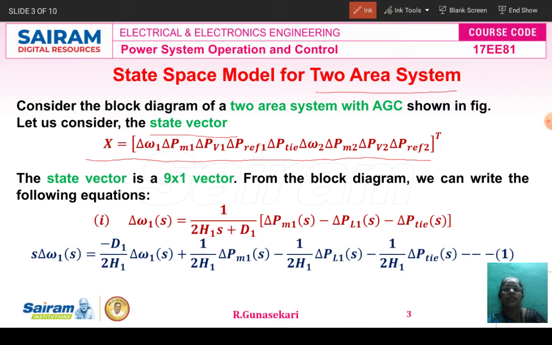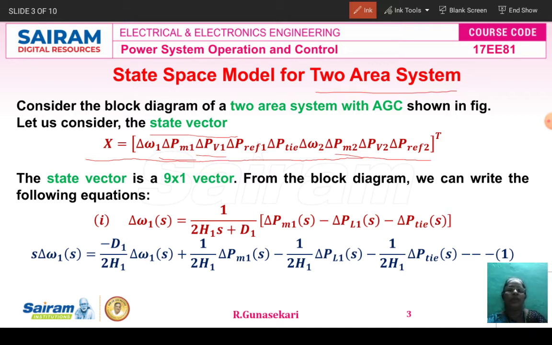In this case del omega 1 and del omega 2 are nothing but the change in speed deviation of area 1 and area 2 respectively. Similarly del Pm1 and del Pm2 are nothing but the turbine output of area 1 and area 2, that is the mechanical output of the turbine.